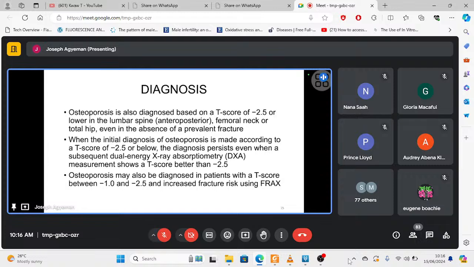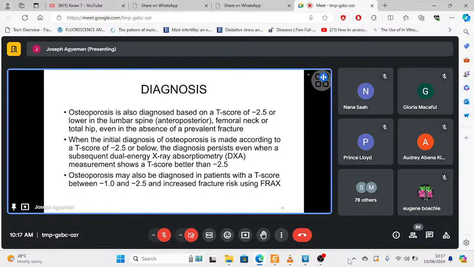So that is another criterion of osteoporosis. So number one, osteoporosis is diagnosed when the person has a fracture or fractures, repeated ones, and you have ruled out the presence of other metabolic conditions like rickets, osteomalacia, and hyperparathyroidism, those things that can also cause fractures. Then you can attribute it to osteoporosis. If you do dual energy X-ray absorptiometry and the bone mineral density deviates from the mean by 2.5 or more below, it is also another criterion for diagnosis.